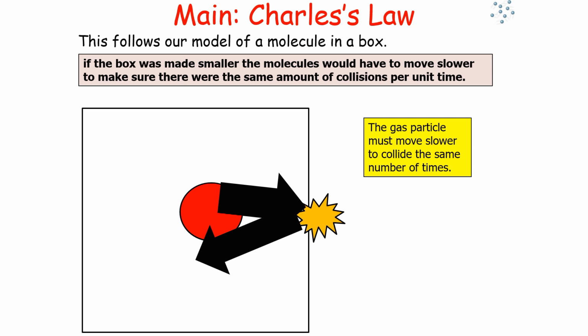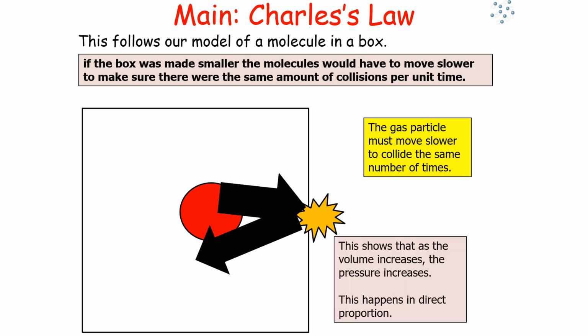If the box was made smaller, the molecules have to move slower to have the same number of collisions per unit time, so the temperature is going down. So this shows us that as the volume increases, the temperature increases, so they're in direct proportion.